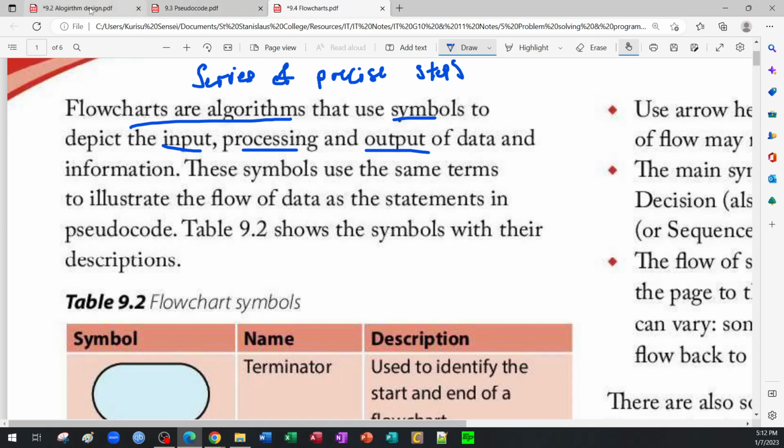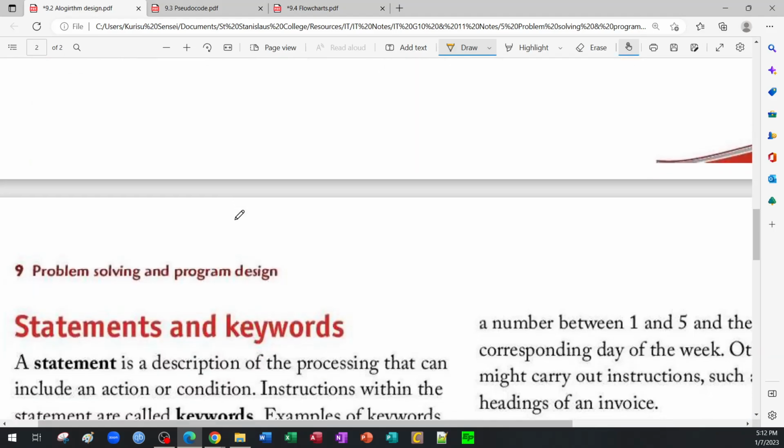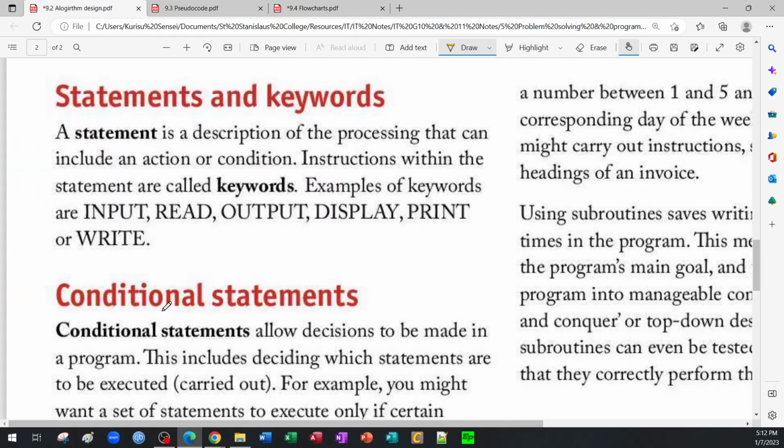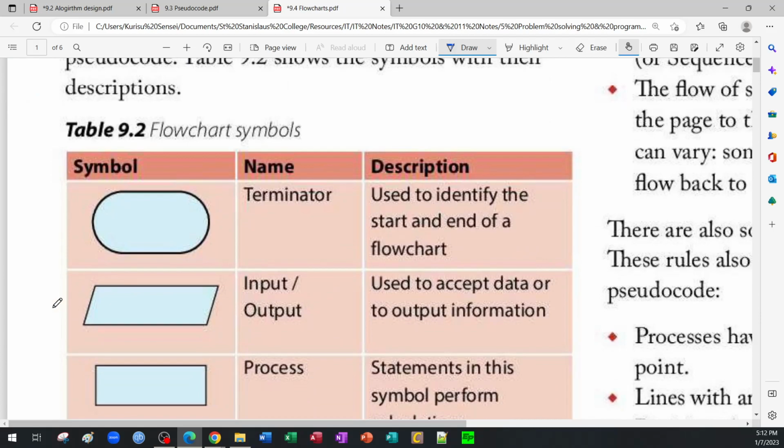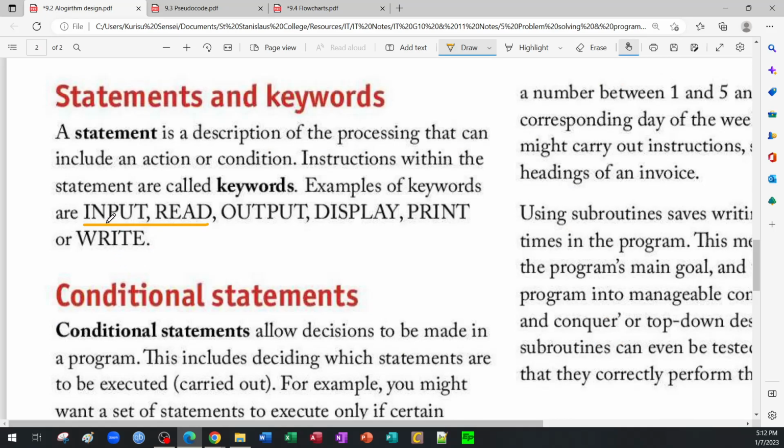So the same keywords that you would have learned in pseudocode, the input and read keyword, which indicates that you are putting data into the program. We have a symbol here, notice, that indicates we are putting data into the program. So this symbol here is basically the same as using the keyword input and read.